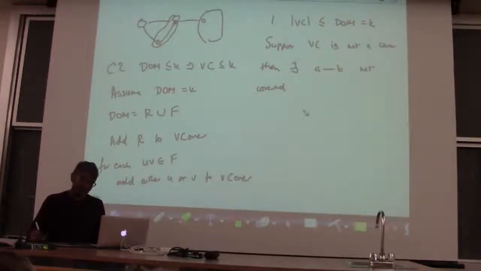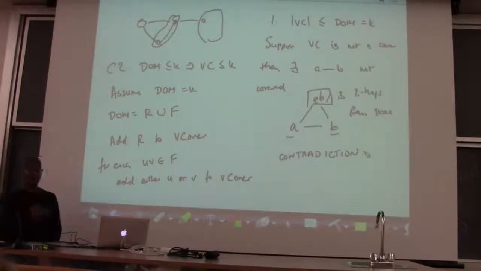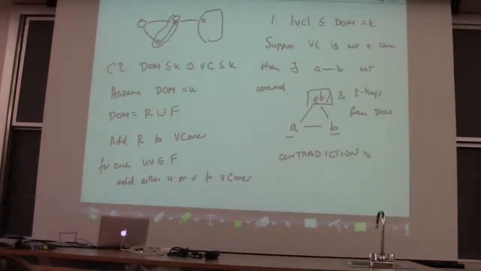If AB is not covered, then in the dominating set graph, the picture looks like this: side A, side B, side AB. And by construction, the dominating set did not pick A, otherwise we would have put it in. It did not pick B, otherwise we would have put it in. And it did not pick AB, otherwise we would have put it in. So none of these things are covered. Therefore, AB is 2 hops from anything in the dominating set, contradiction. Actually, it could be a simple one. And we're done.